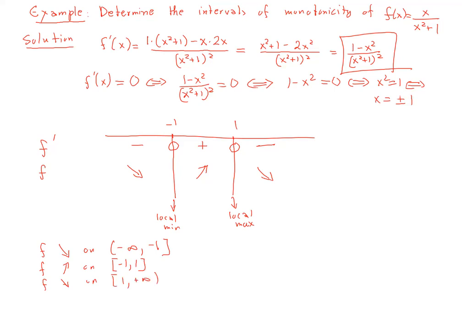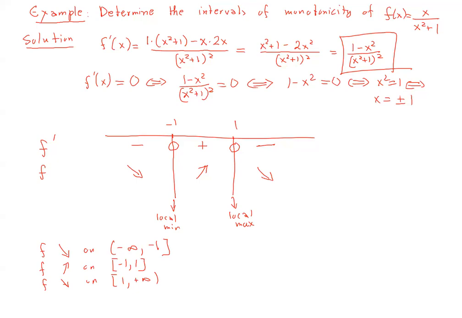Please note that the intervals are left open, with parentheses at the infinity points always, because infinity is not a number, it's just a symbol that allows us to go to arbitrarily large or arbitrarily small numbers. Small, I mean arbitrarily large negative numbers.